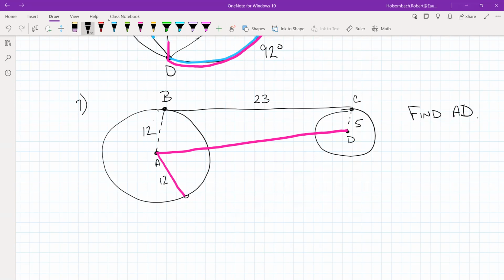Then we can take a point from the end of that radius that we just drew, and connect it to the middle of circle D. So what we're doing is using a radius and a tangent to form a right triangle so that we can find the distance from A to D.